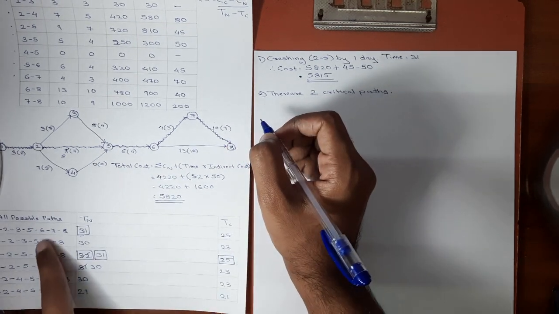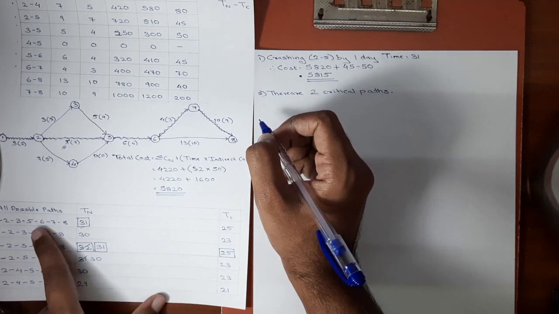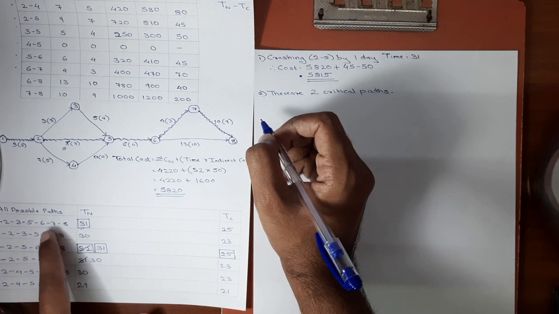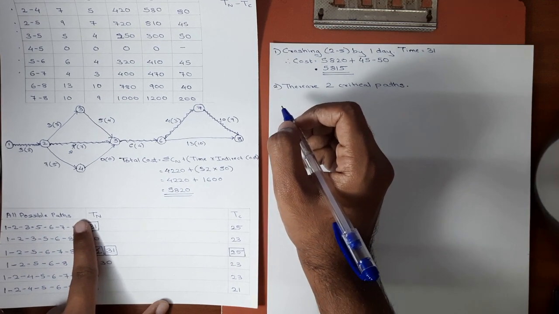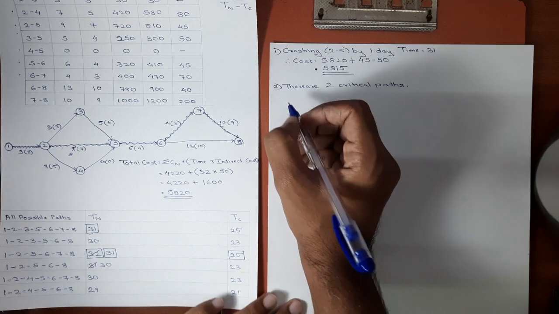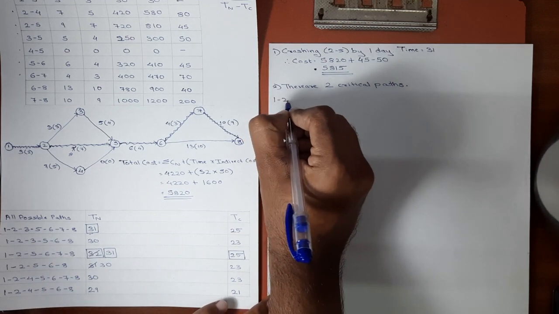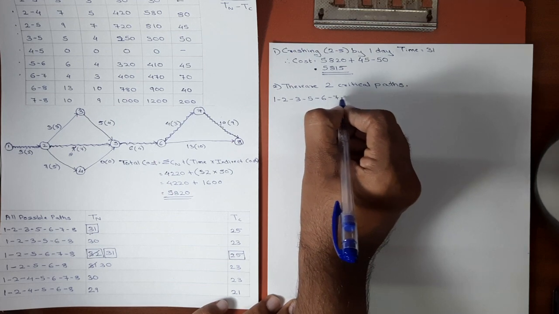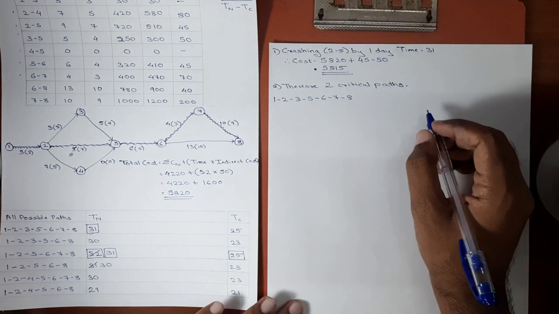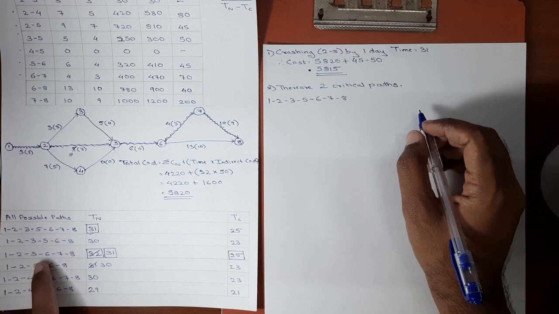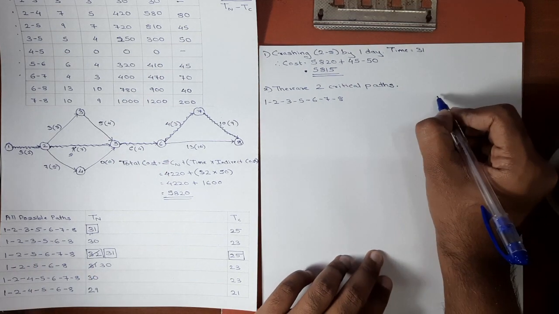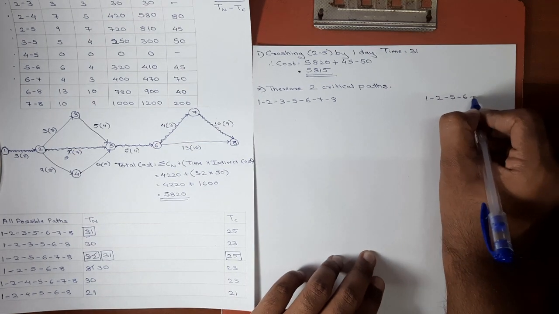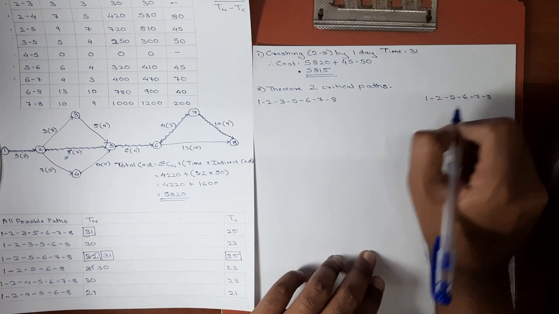I'll write down the first path, which is 1, 2, 3, 5, 6, 7, 8. And the second one, 1, 2, 5, 6, 7, 8.